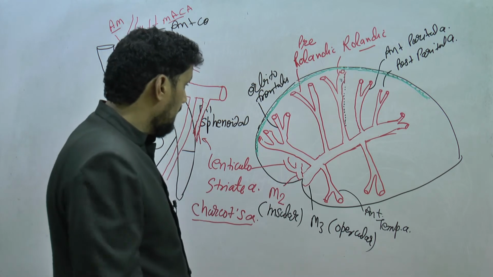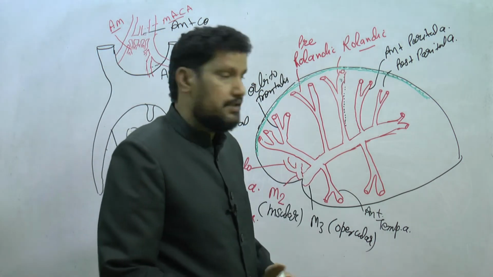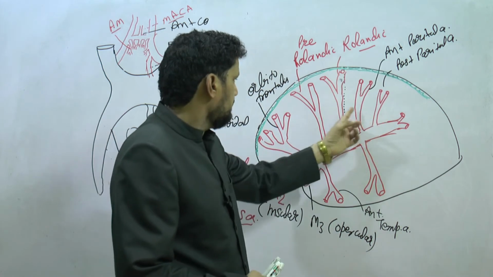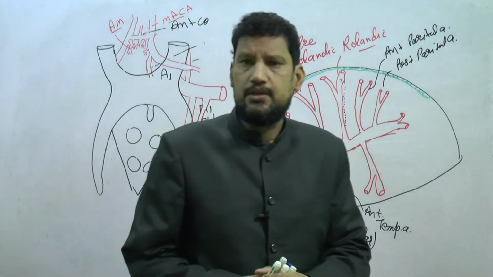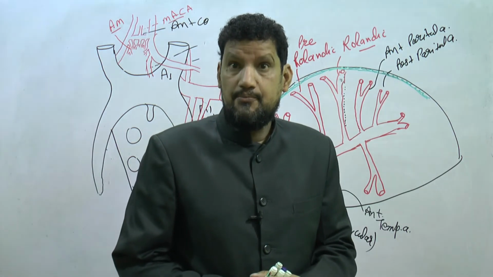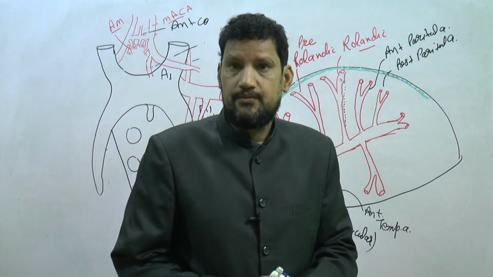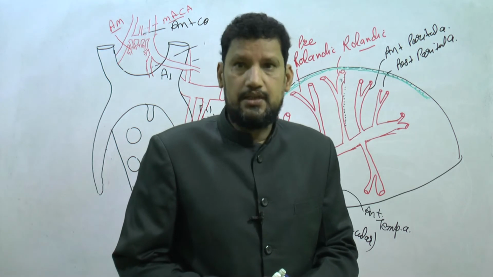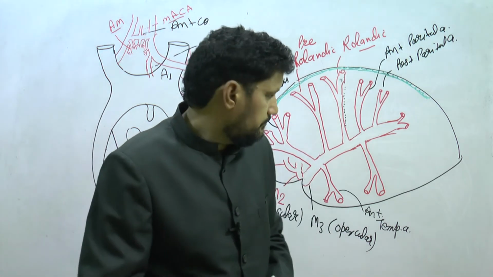So these are the branches of the middle cerebral artery. These are known as M4 segment or cortical. So there are 4 nomenclatured segments: M1, M2, M3 and M4. Sphenoidal, insular, opercular and cortical.